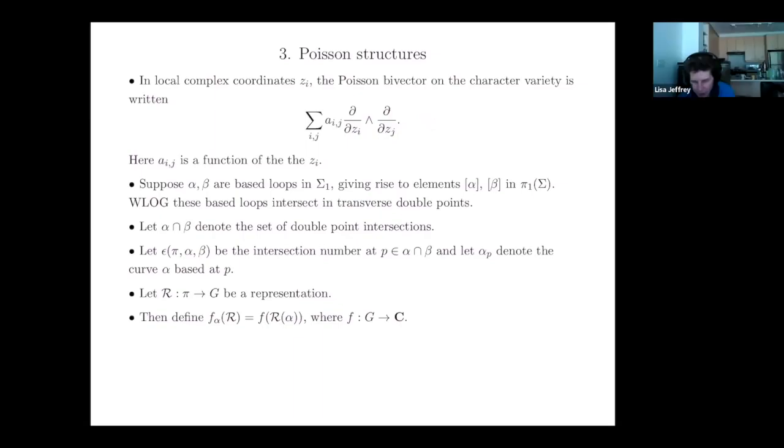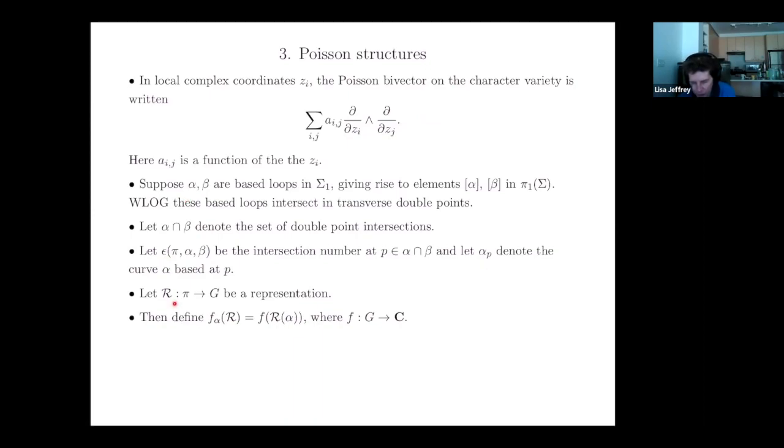In any case, let's see how they are produced. I'll write the intersection number of the double points, and write alpha sub p, which is the same notation as alpha, except we're introducing the base point p.